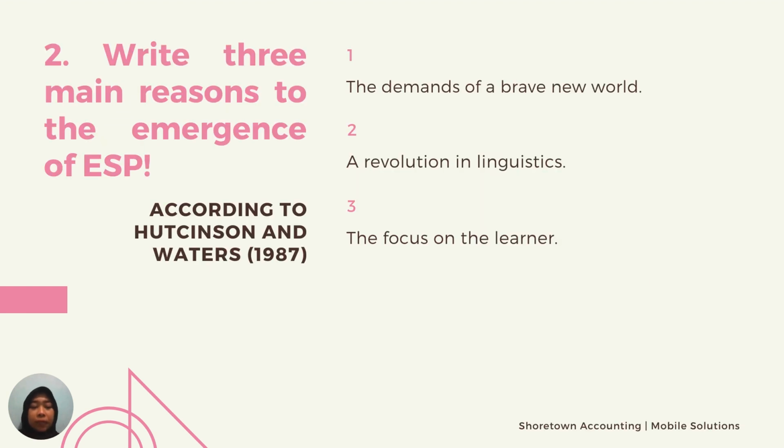And next, second, write 3 main reasons for the emergence of ESP. Here, according to Hutchinson, I'm sorry, there may be a typo in Hutchinson's name.